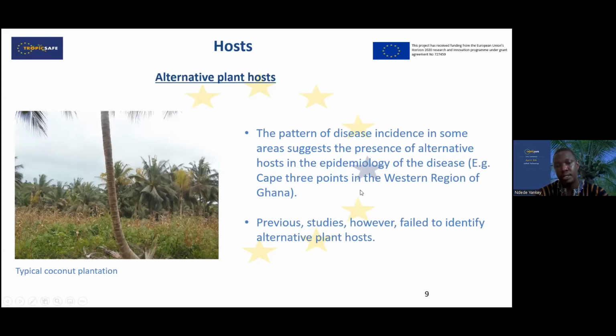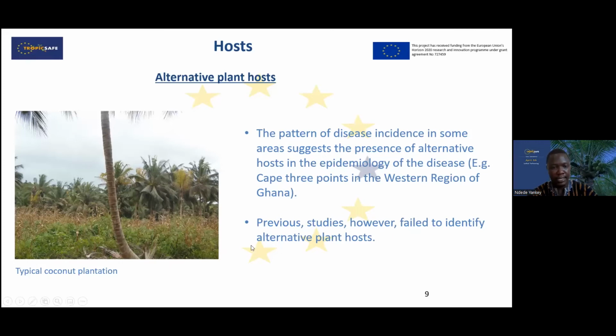At this place, we have planted successively. When we plant coconut, the disease devastates it. So it is hypothesized that in the intervening period where there is no coconut, the phytoplasma will be harbored by some other host, either an insect or a plant species.